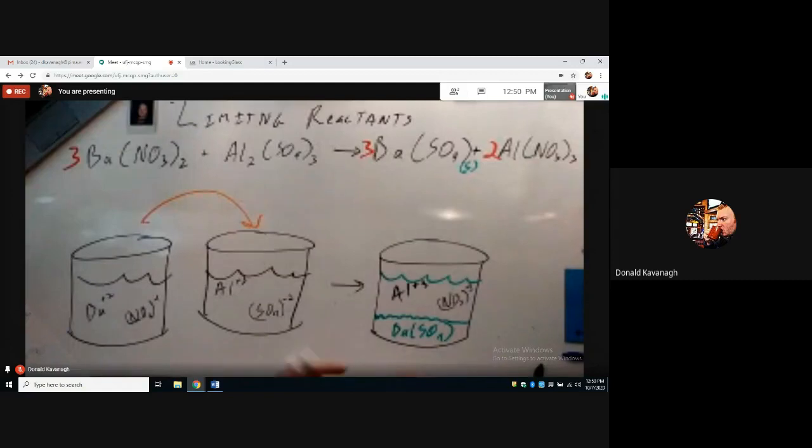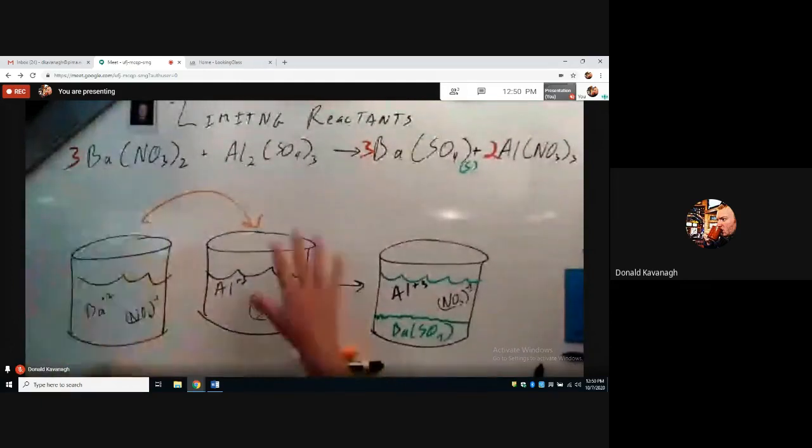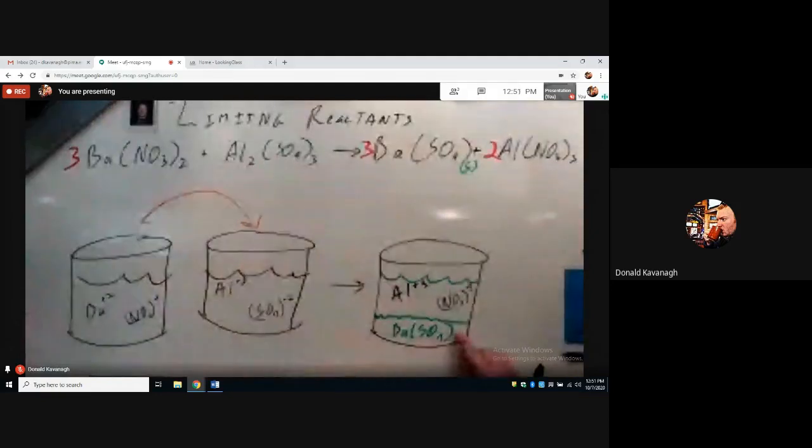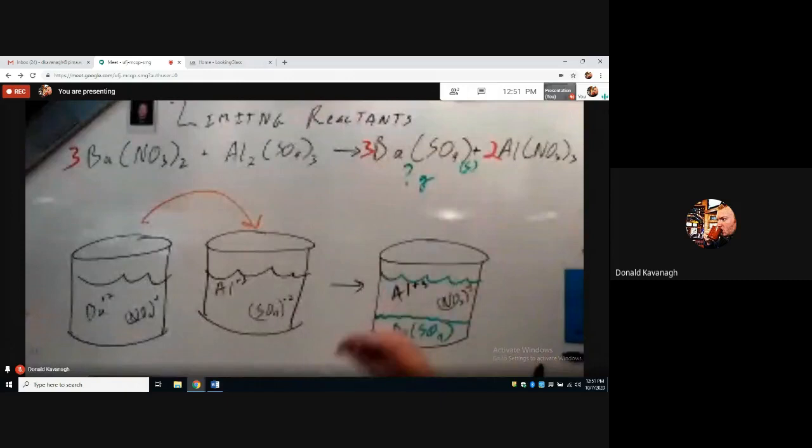So this is meant to be a picture, a cartoon of what reaction is happening right here. An amount of these 2 things are going to be poured into each other, like 5 slices of bread or 5 slices of meat. And we are going to figure out how many grams of barium sulfate could be produced, and we're going to pick the lowest answer.